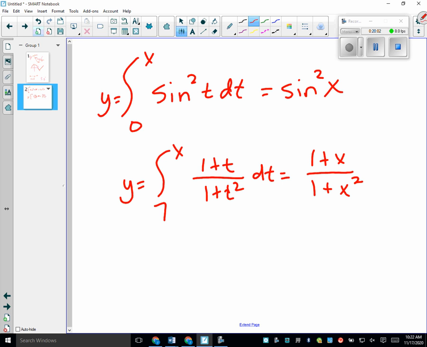What am I doing? I'm replacing the letter t with whatever's up there. You're removing the dt. I'm taking it out of the integral. When I take it out of the integral, it goes away.